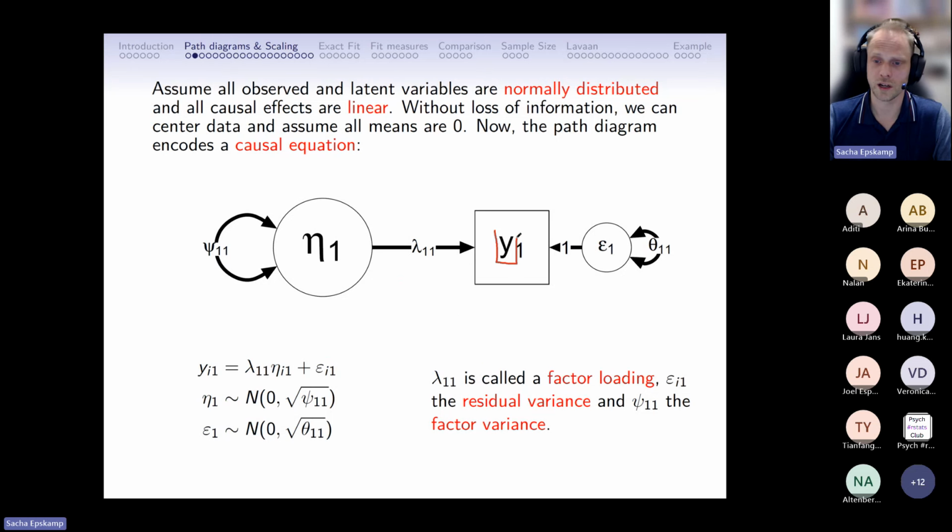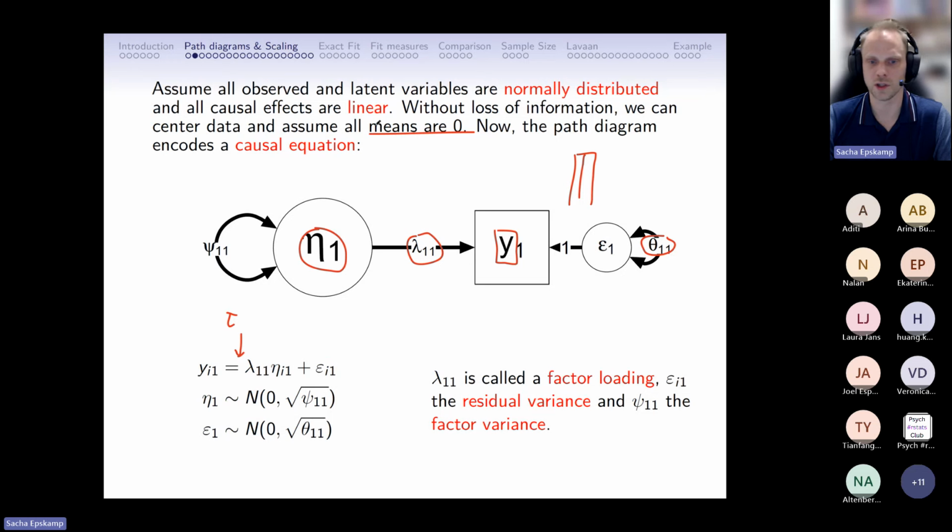Here we have our indicator, our column in the data. We assume that indicator is a linear combination of a vector loading times some latent variable that we don't know, like some latent temperature, plus error. And now because I set the means are 0, there's no intercept here. Normally you'd have an intercept term, right? You could call it B0 in regression, but let's call it tau, for example.